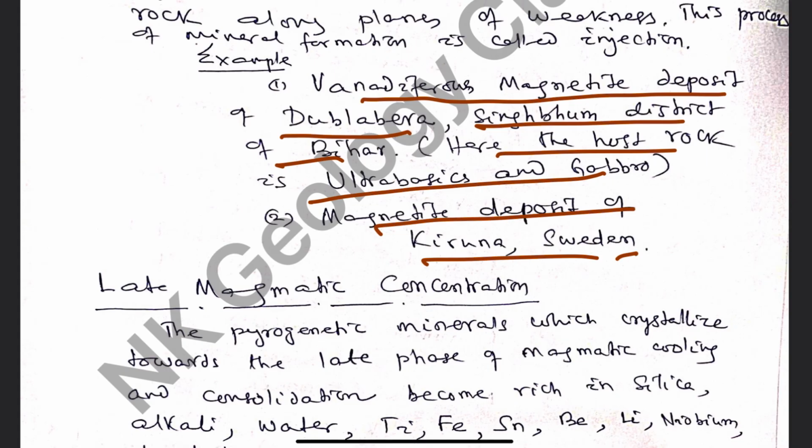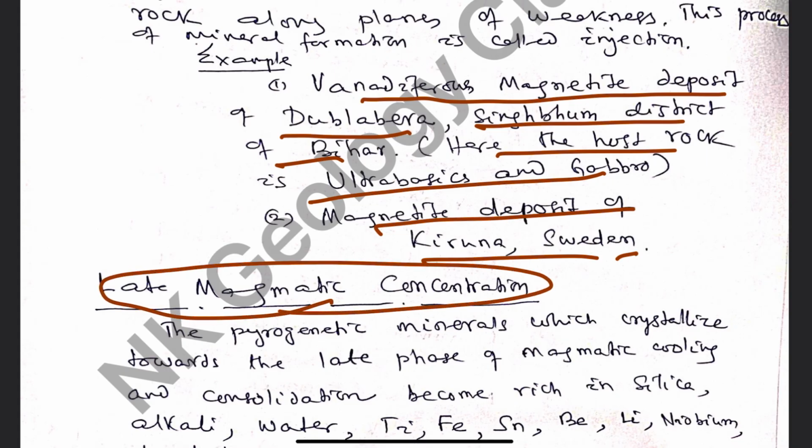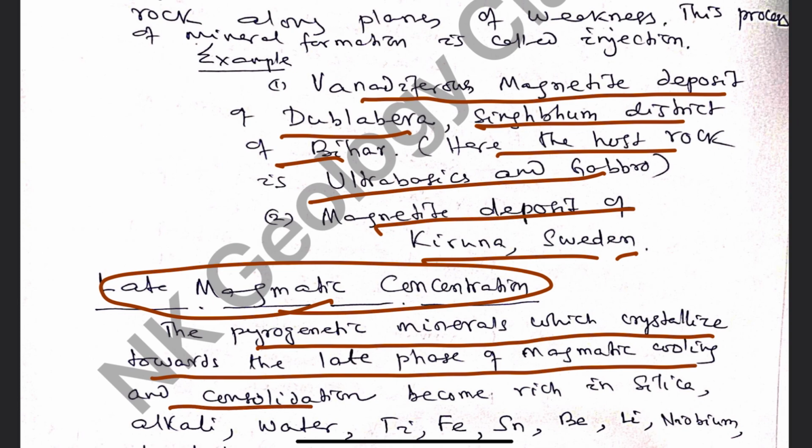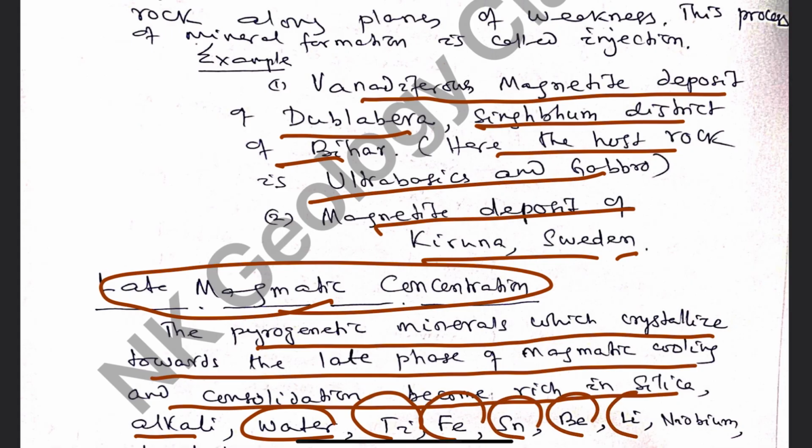Then we will discuss about the late magmatic concentration, where the mineral deposits take place within the magmatic body after the formation of most of the silicates or towards the late phase of magmatic cooling and consolidation. So here the pyrogenetic minerals which crystallize towards the late phase become rich in silica, alkali, water, titanium, iron, tin, beryllium, lithium, niobium. So these are the elements which become rich towards the late phase of magmatic cooling.